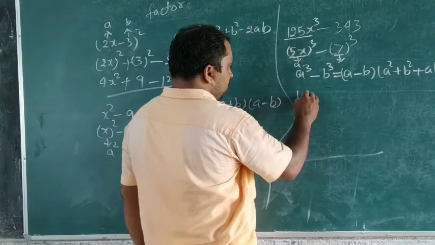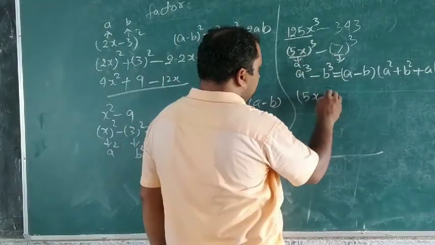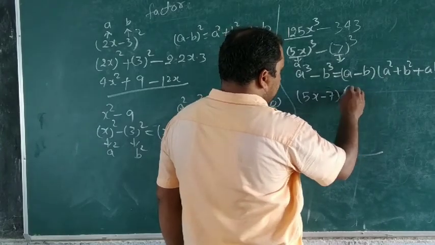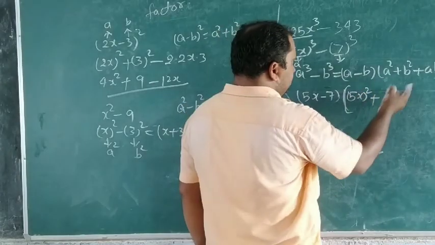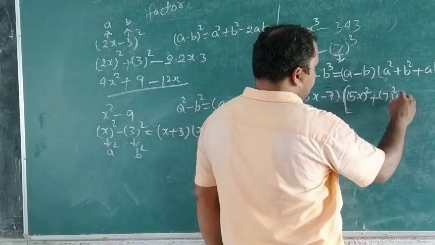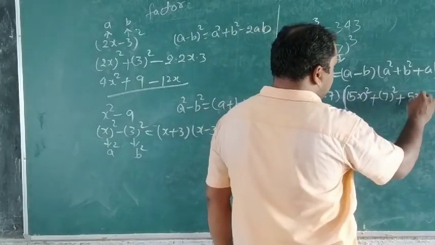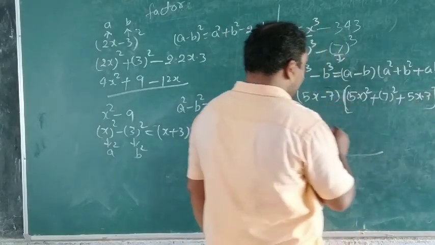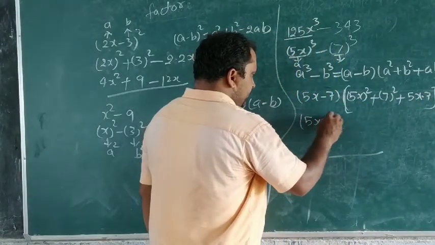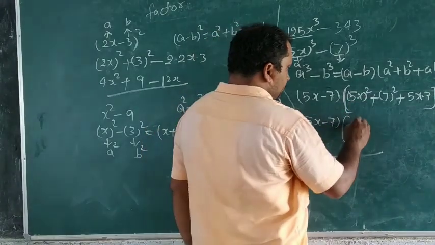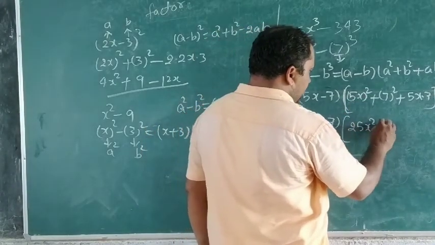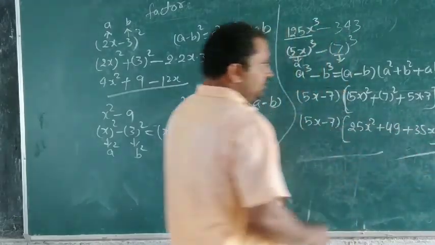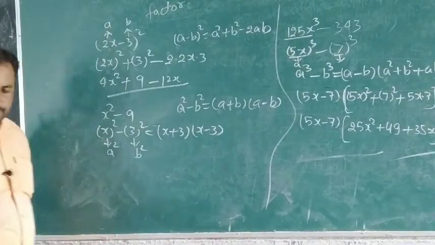This is 5x a minus b minus 7 and a square means 5x का whole square plus b square means 7 का whole square plus ab means 5x is a and b is 7 into 7. This is 5x minus 7 into 25x square plus 49 plus 35x. This is the answer. That's all.